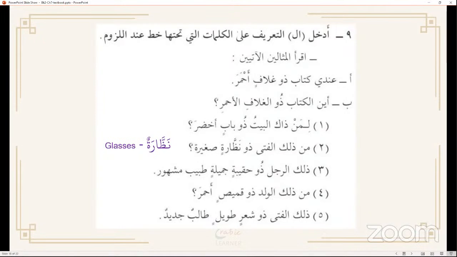Is this correct or wrong? If it is wrong, tell me the correct question. So it should be من ذلك الفتى ذو النظارة الصغيرة.